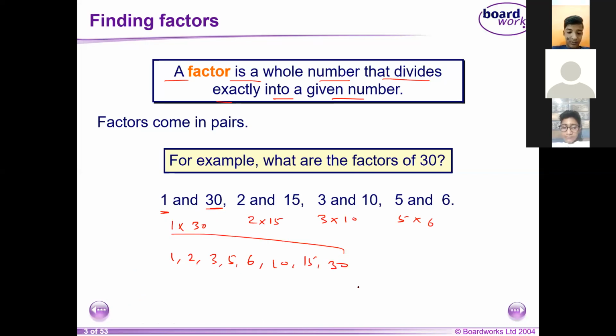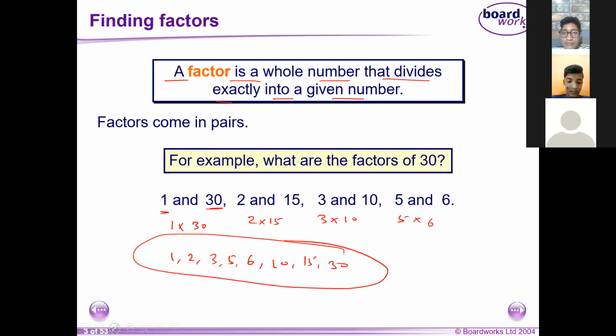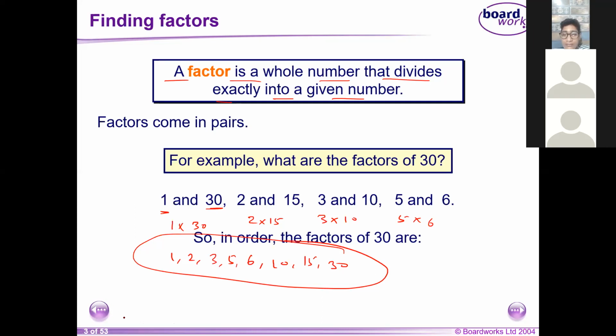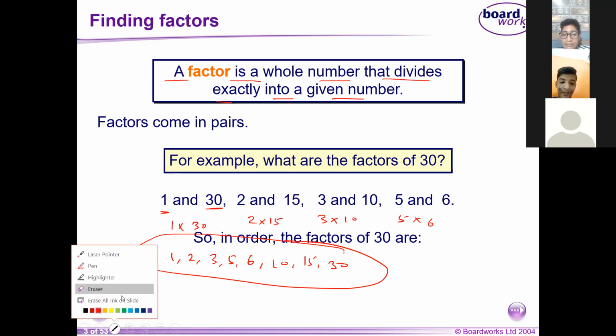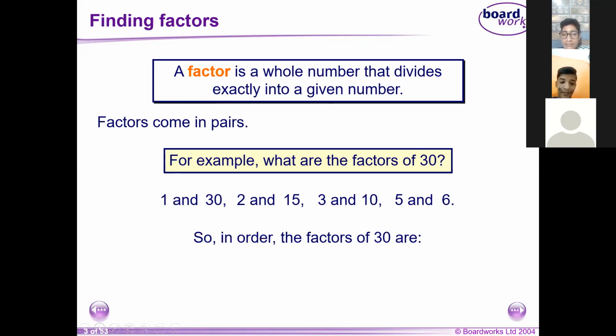So all these numbers are the factors of 30. In order, the factors of 30 are 1, 2, 3, 5, 6, 10, 15 and 30.